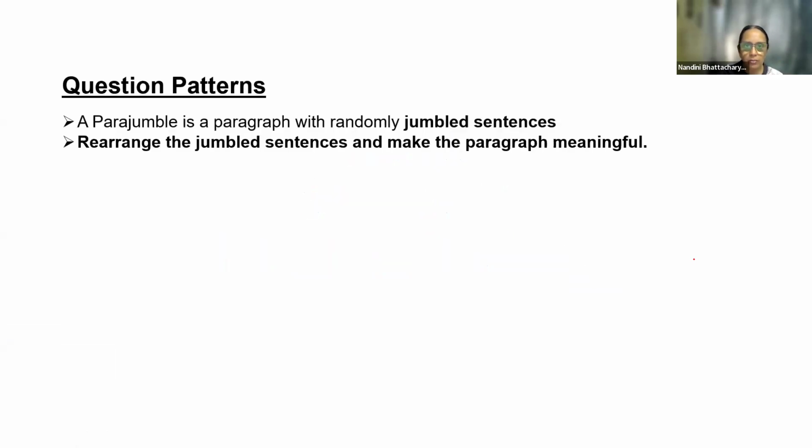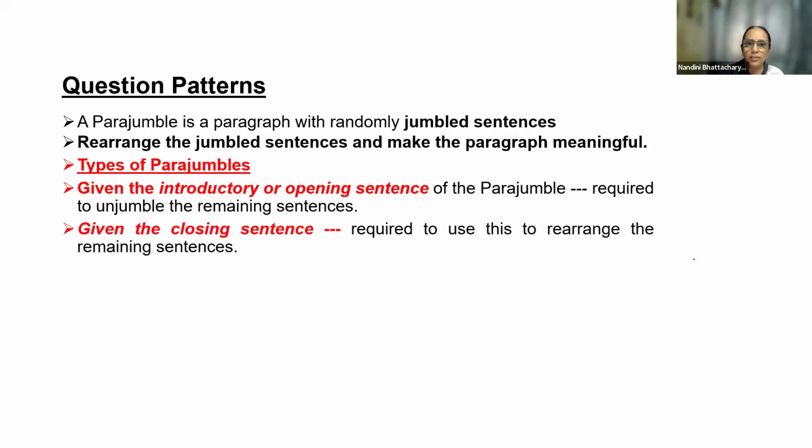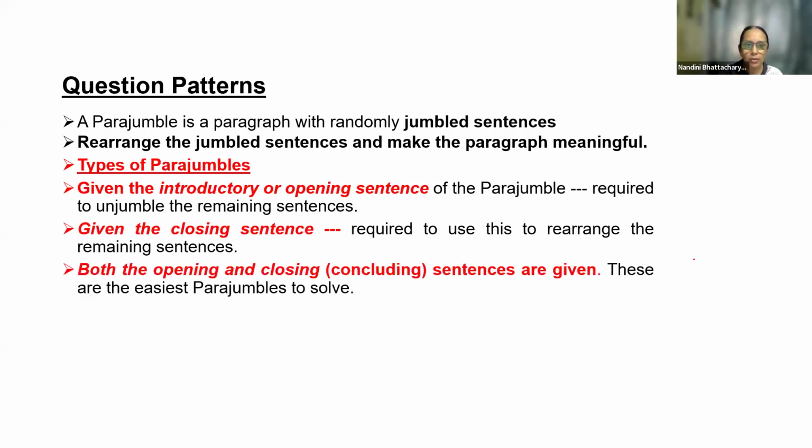When we are talking about parajumbles, the types would be like this: the introductory sentence is given to you and the rest of them are jumbled up. Or the closing sentence is given and the rest you have to put in order.